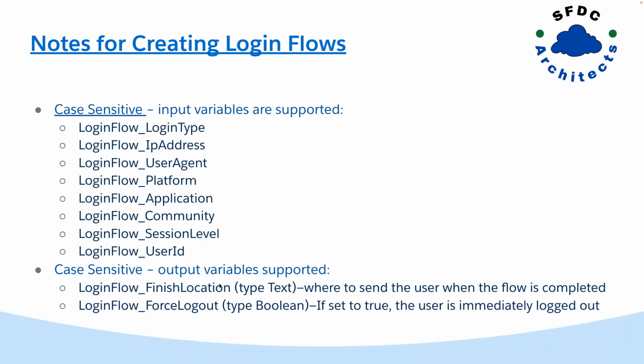But if, for support, you always want to send them to the case page, the console page, you could do that, or whatever page you want to send them to. There's also a forced logout Boolean, where if you set this to true, it will immediately log the user out. Again, this is if they fail the challenge that you posted for them in the login flow, it's just going to kick them out. And I'll show you this in a little bit in the screen flow.